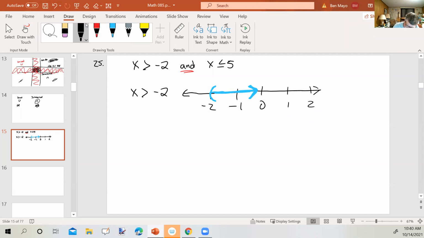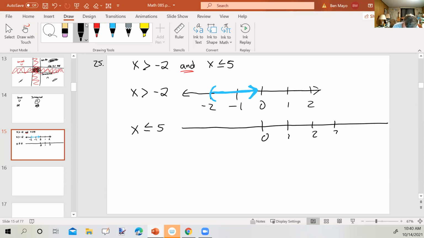Okay, let's take a look at the second one. X less than or equal to 5. So now we'd have a bracket at 5 and an arrow going to the left. Okay. Any question about those two individual pieces?